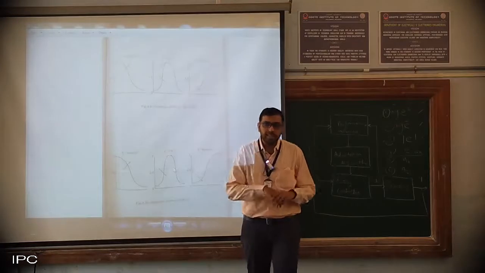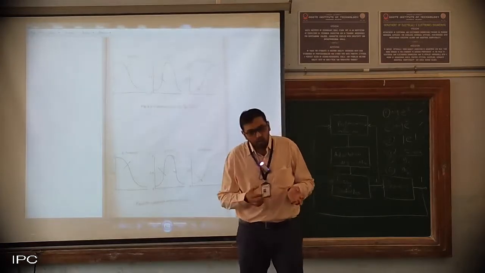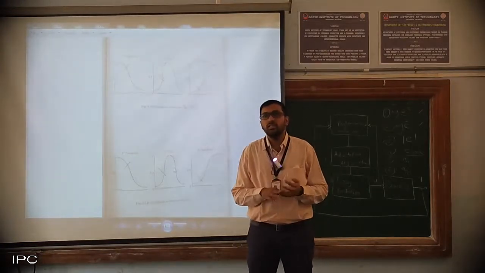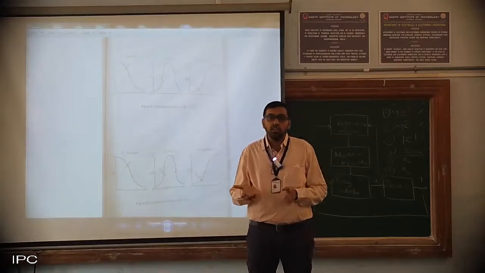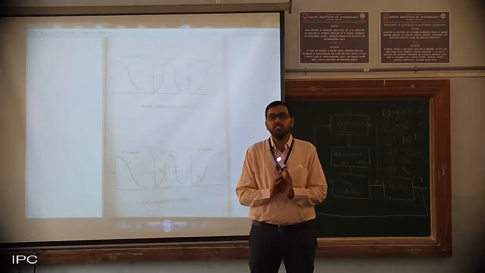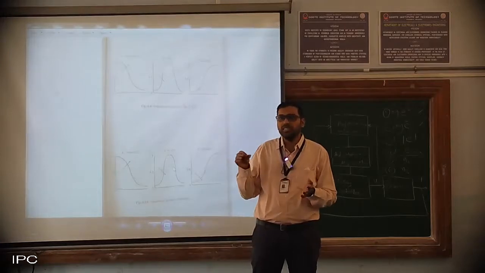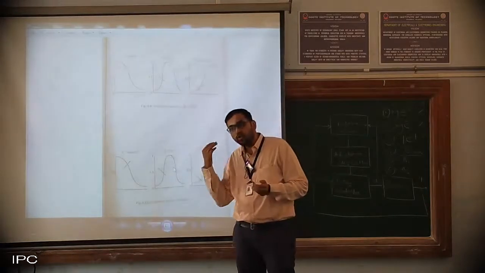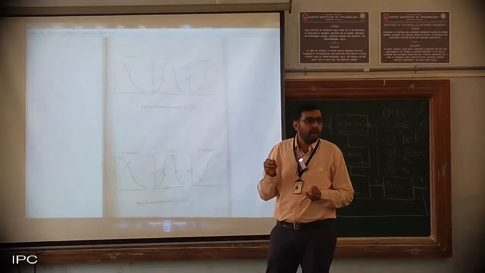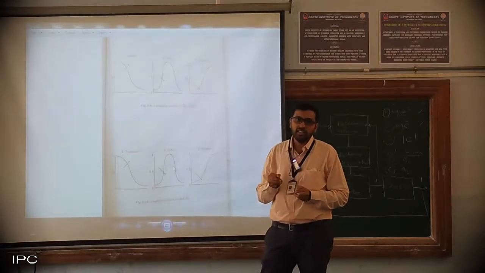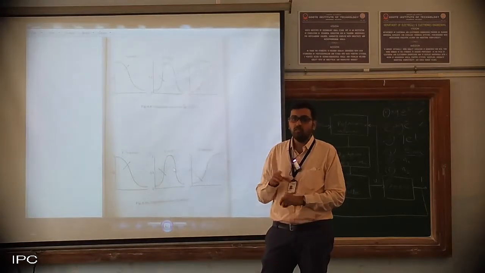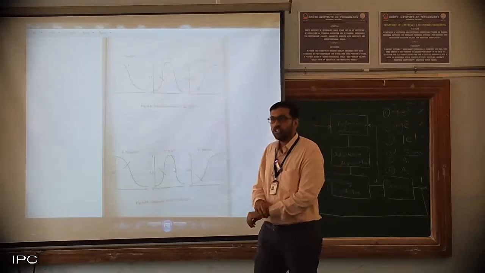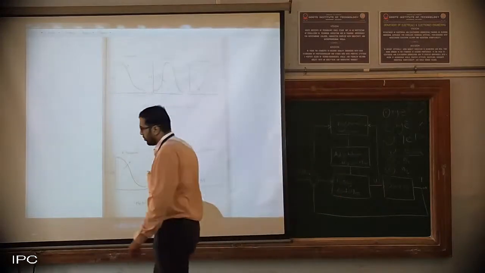By looking at these parameters, we take a decision to change the shape of the membership function, or tune the membership function in such a way that our controller performs at its best. So this is what we call membership function tuning using performance criteria.